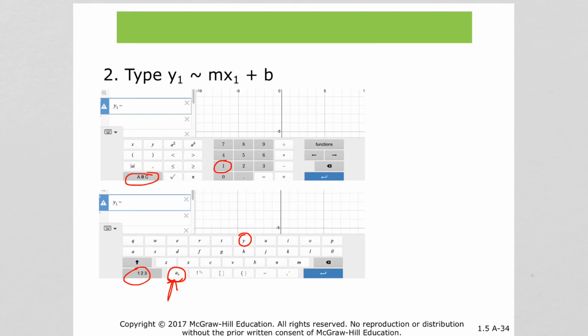That gives you y sub 1. To get the little squiggle, you go over to your text box again, and there's your squiggle. Then after that, you'll get m, and you do the same thing you did for y sub 1 for x sub 1. So x subscript 1, and then plus b.